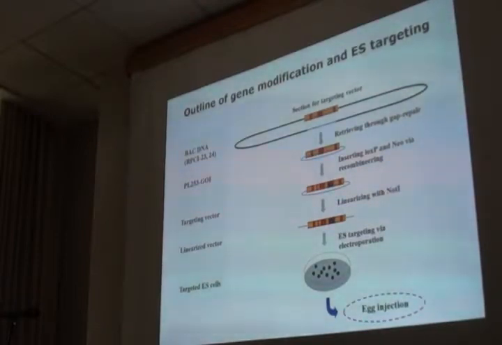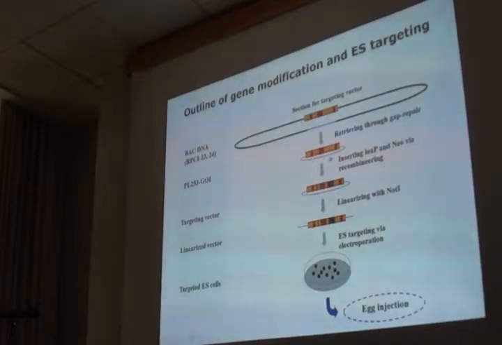So, the first thing is you have to have the DNA to start off with. And so, if you say, okay, I want to knock out this gene, we'll go to a bacterial artificial chromosome library that has just the entire mouse genome in it, or whatever species that you want. And then we want, of course, just a small section of that entire chromosome.